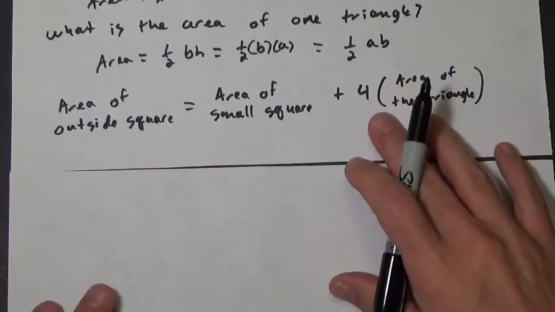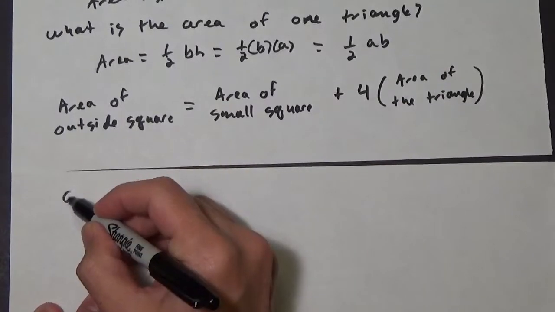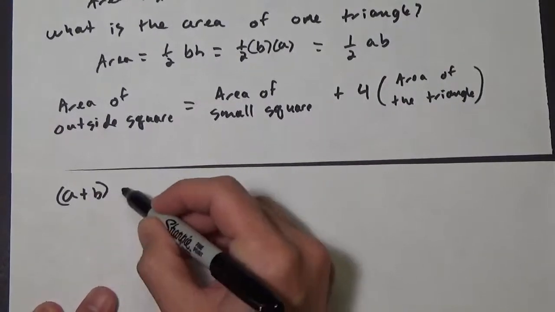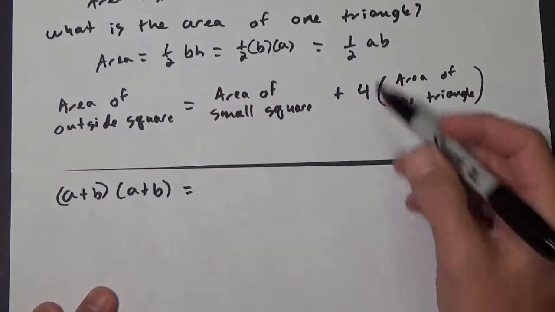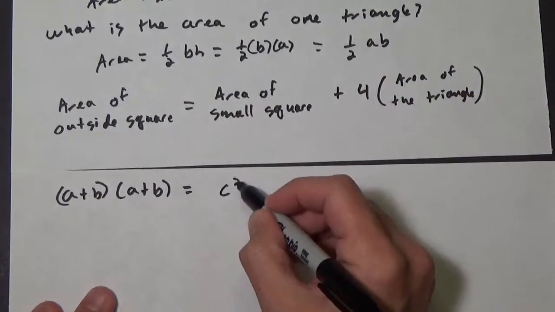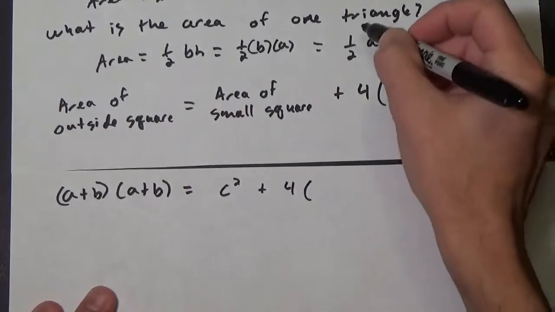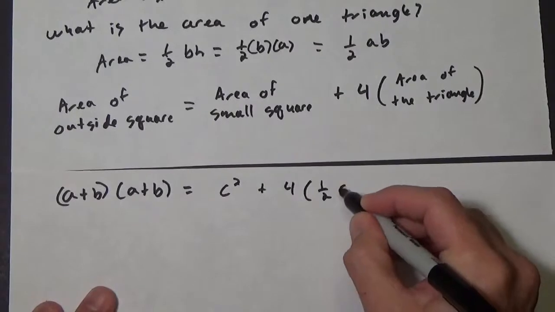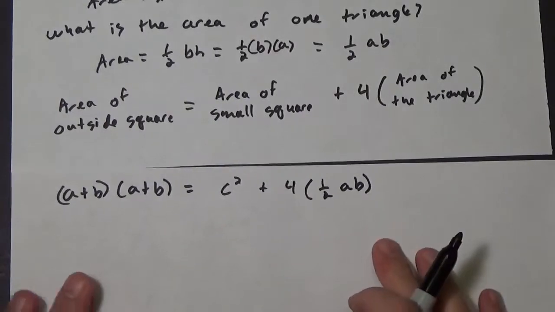Alright, so the area of the outside square was A plus B times A plus B. Okay, the area of the small square was C squared. And then we're going to add on 4 times the areas of the triangle, 1/2 AB. Okay, so let's go ahead and simplify this.